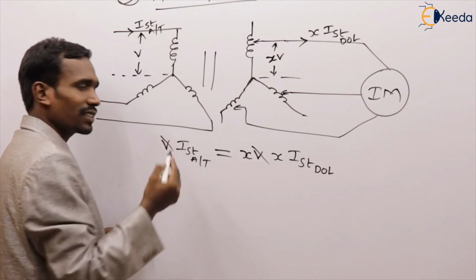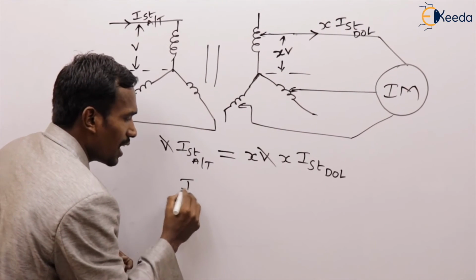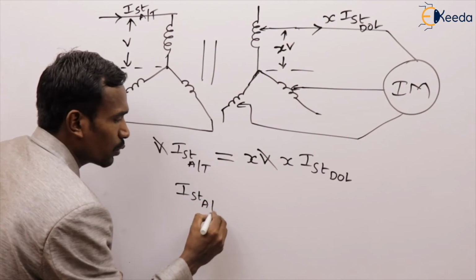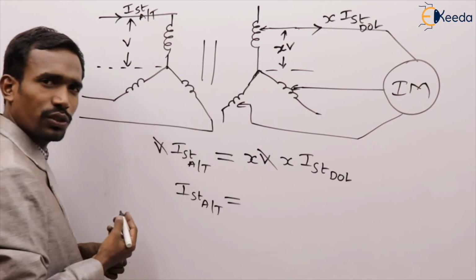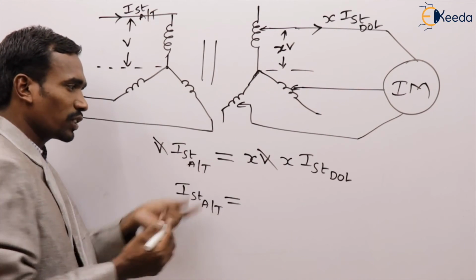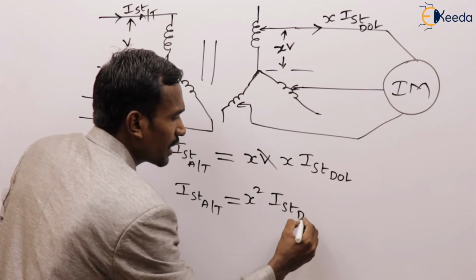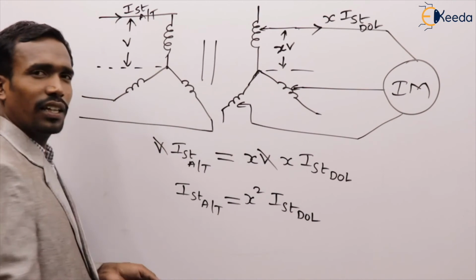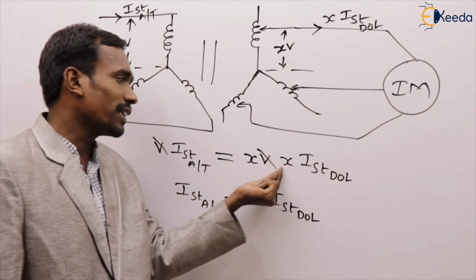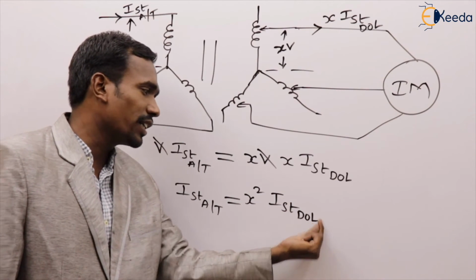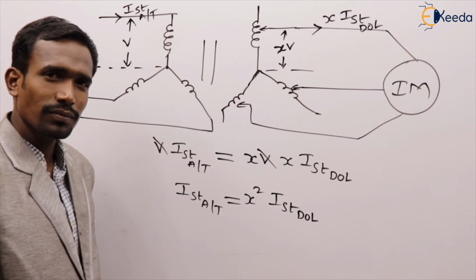Here V gets cancelled. Next, the starting current in the auto transformer starter is equal to X square times of the starting current in DOL starting.